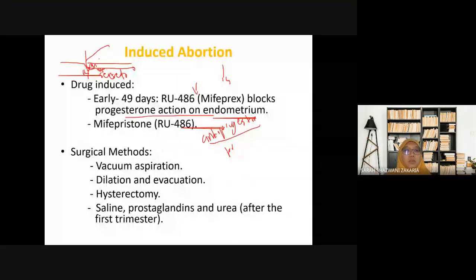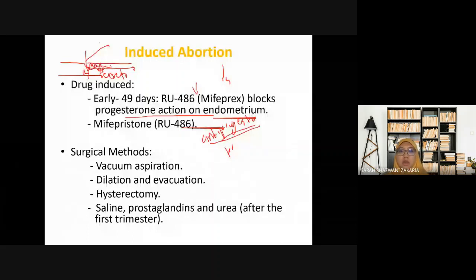Okay, so progesterone stimulates this secretory phase, or stimulates the blood vessel networking of the endometrium to become more bleedy lah, because it wants to support the implantation. Okay, so kalau kita letak antagonist of progesterone, the effect of secretory or maintaining the thickened endometrium will suddenly be removed, right?